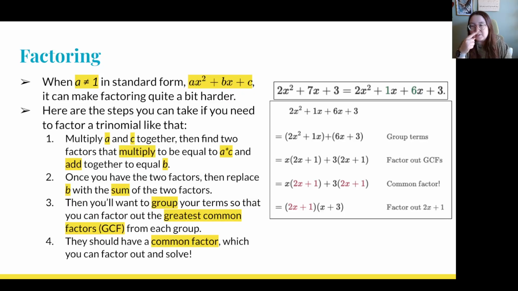Your 2 coefficients were x and plus 3, so that becomes x plus 3. So you factor out your 2x plus 1, or your common factor, and whatever was left over in front, your greatest common factors, becomes the other factor. All right, that's the method that you can use when factoring a trinomial when a does not equal 1.